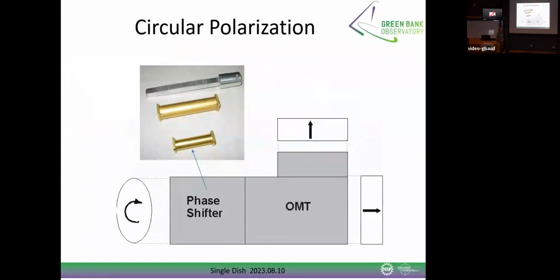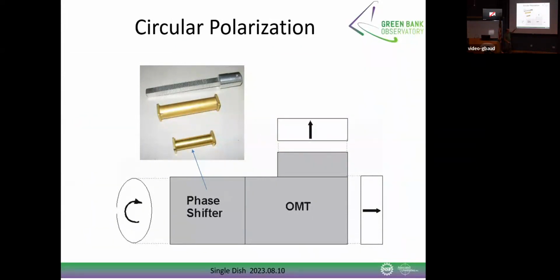In order to make it native circular, you have to put a phase shifter in front of the OMT. So in addition to the OMT that separates the two polarizations, without the phase shifter, you have two linears. But if you put a circular phase shifter in there, then the output ports will be a measure of the left and right circular polarization.